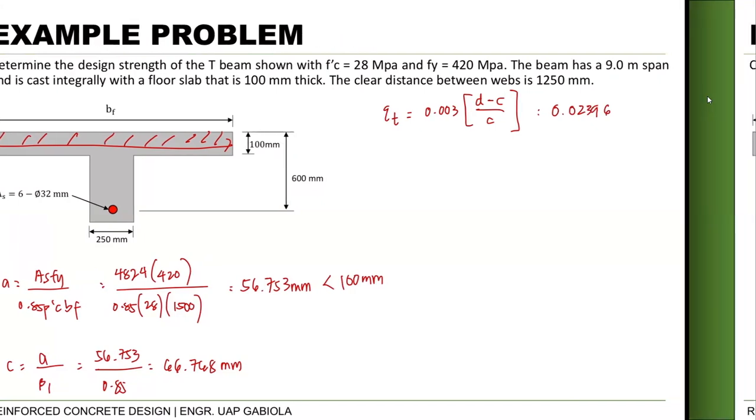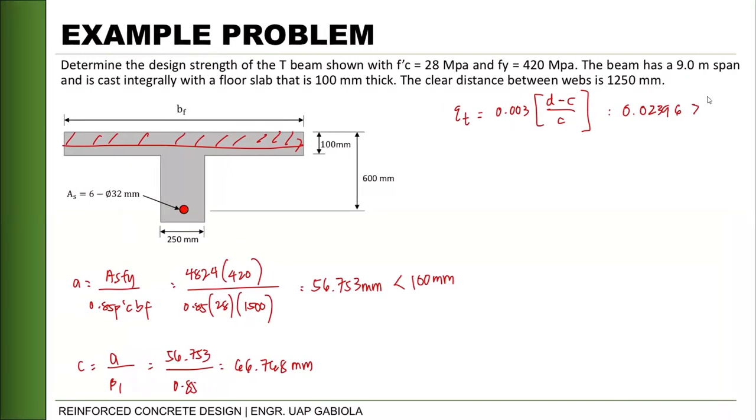Okay? So, that is greater than dun sa ating epsilon ty sa yield natin, which for 420 is 0.002, and greater than also sa limit natin, which is equal sa 0.005. Okay? Therefore, since that is greater than, tension controlled, or phi natin is 0.9, which we will use for our moment capacity.